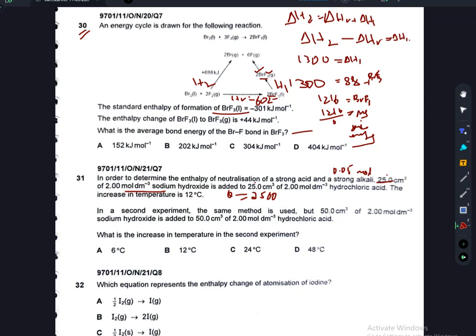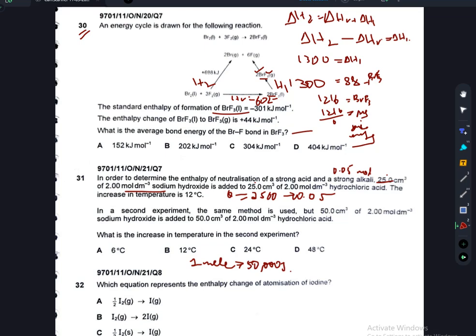I won't be telling how I get the number of moles. You should know that moles is equal to molarity, or the concentration times volume. So this is for 0.05 moles, and for 1 mole this means it is 50,000 joules.